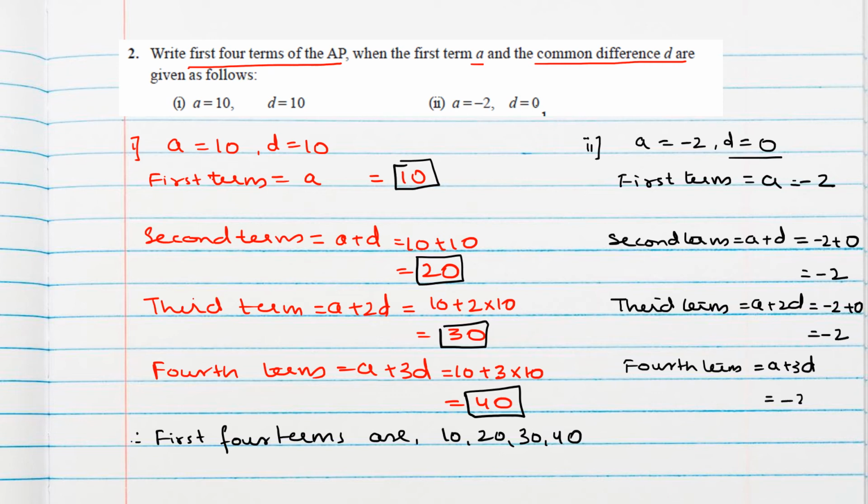Here A is minus 2, 3 into 0 again gives 0, means minus 2. So the first term is minus 2, the second term is also minus 2, the third term is minus 2, the fourth term is minus 2. Because we saw that the fixed number, that is the common difference, can be positive, negative or 0. So therefore, the first four terms are minus 2, minus 2, minus 2 and minus 2.